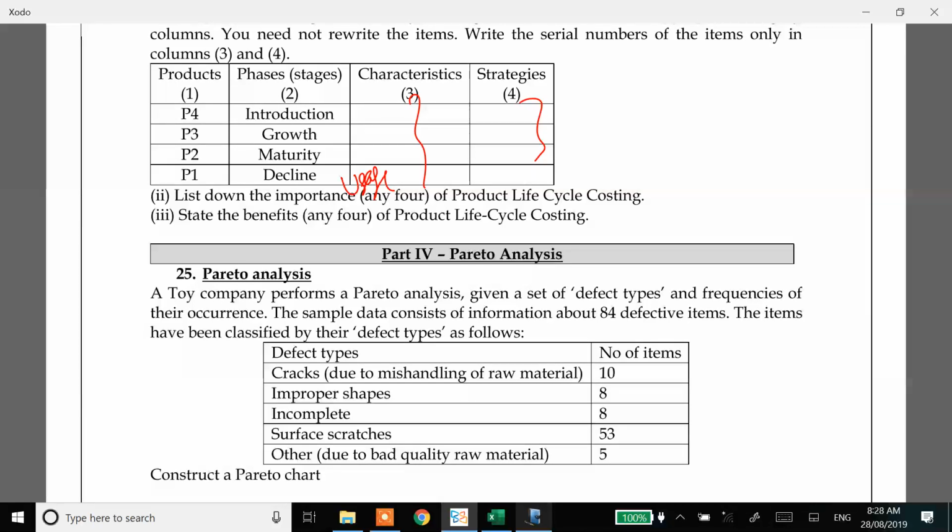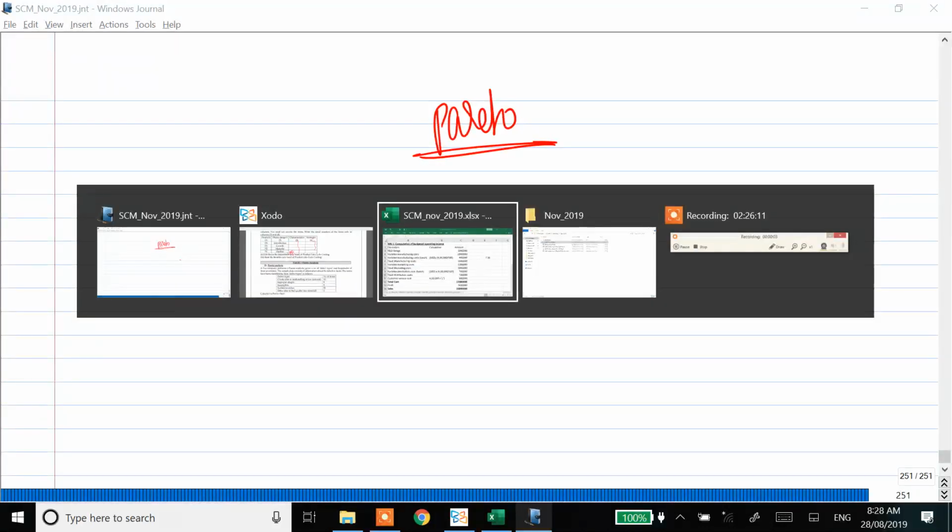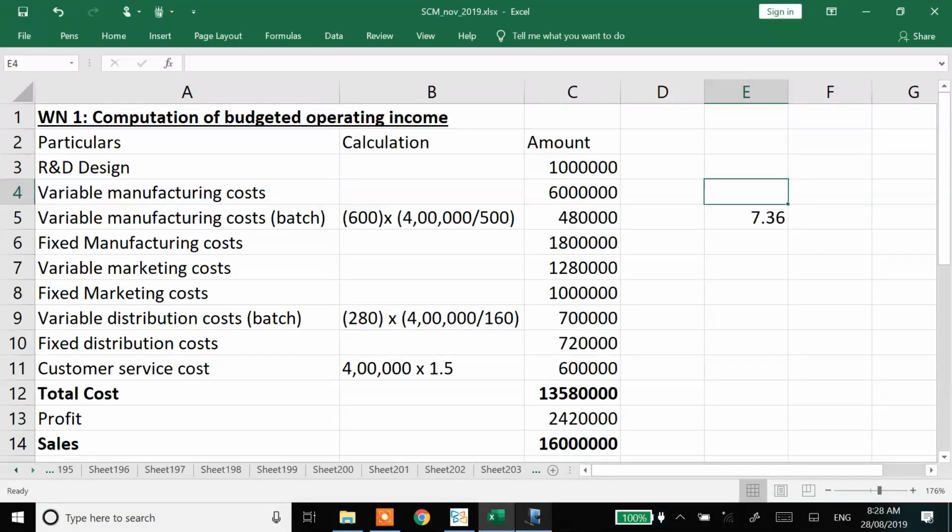Okay, first we'll create something called a Pareto table, where I classify the various types of defect in the descending order of value. Working note 1, Pareto table.